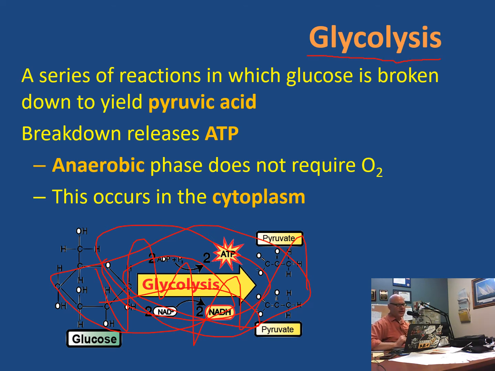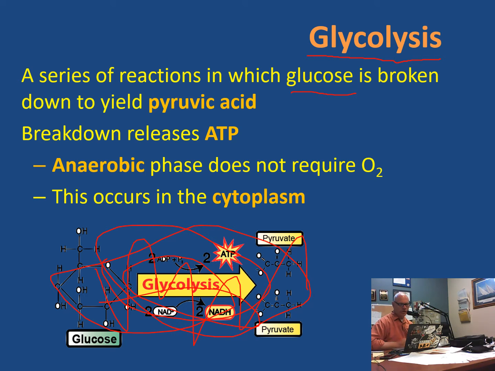Glycolysis is the first way that we break down sugar and we get a little bit of ATP from it, all right? So we break down sugar and we get a little bit of ATP. We do not need to use oxygen, so it's an anaerobic process. When we do this, we take those glucose molecules, we get a couple, maybe 4 ATP, and we're also going to have some byproduct, and that's going to be pyruvic acid.